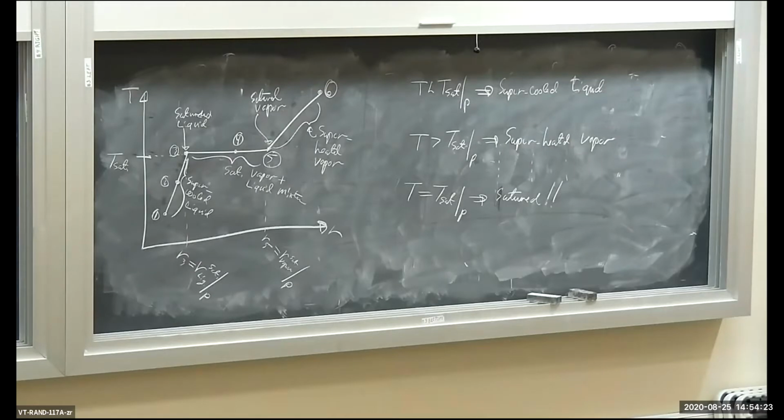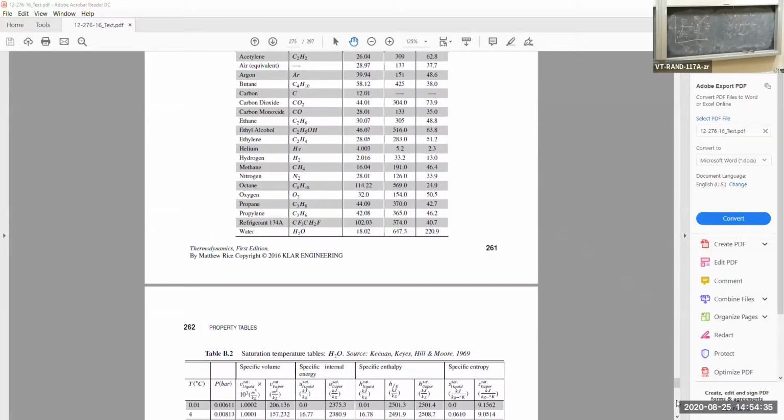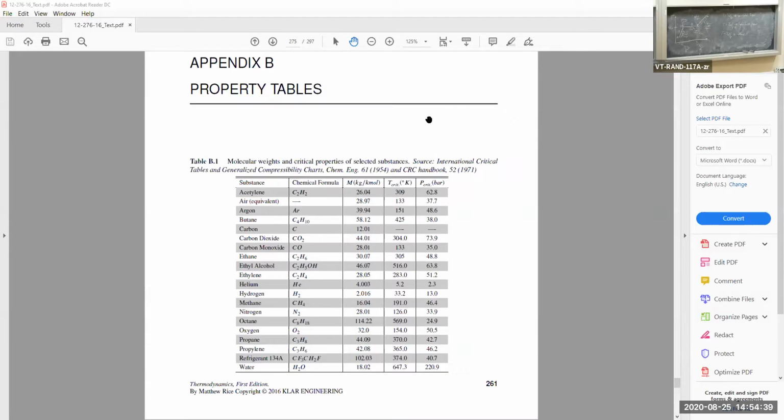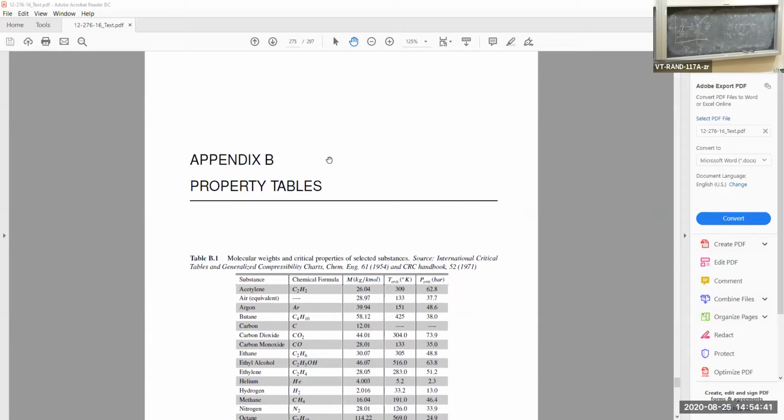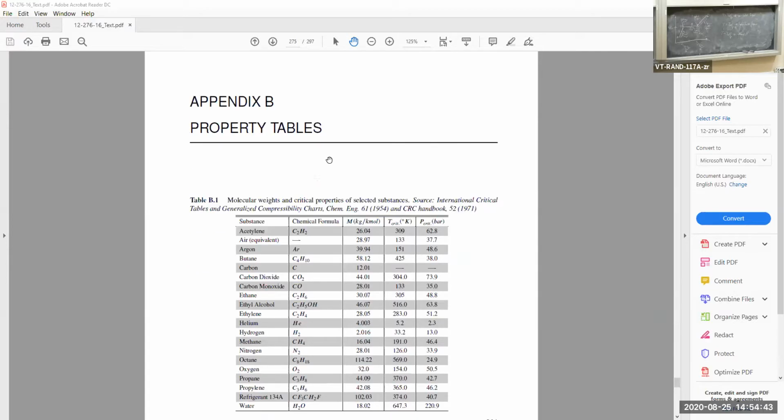Let me show you what some of these are. Let's go back to the notes. At the very end of the text, we have Appendix B, which is property tables.